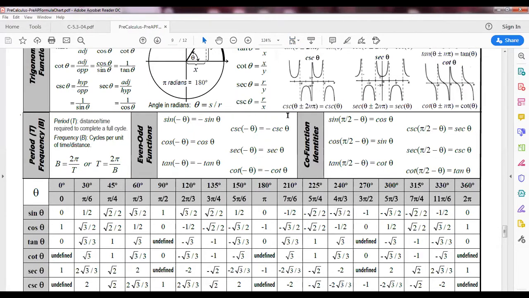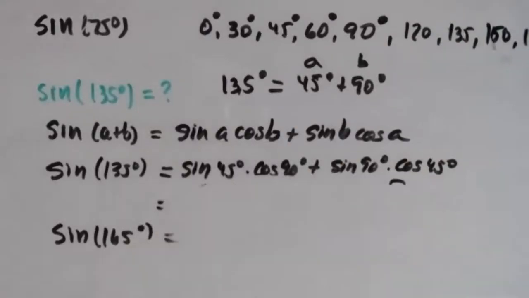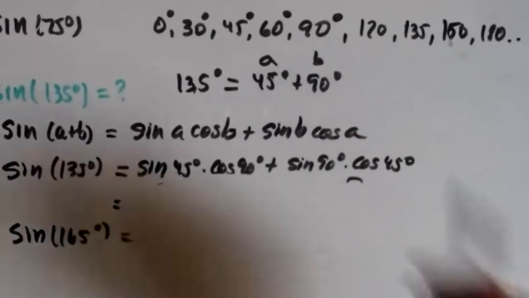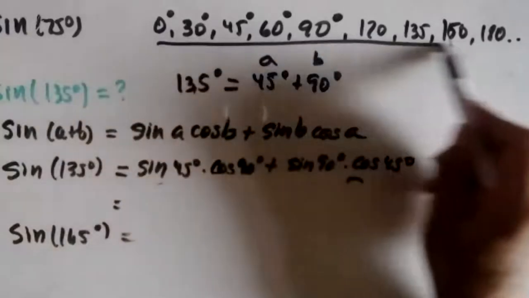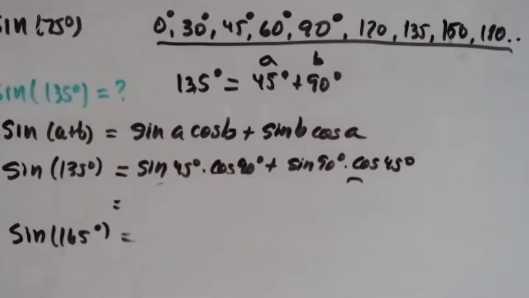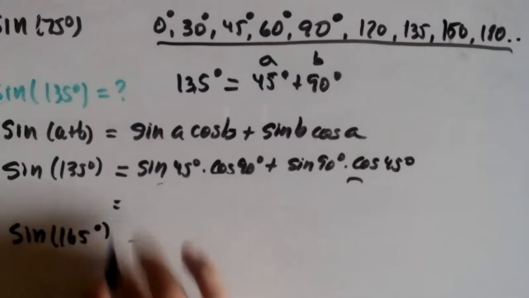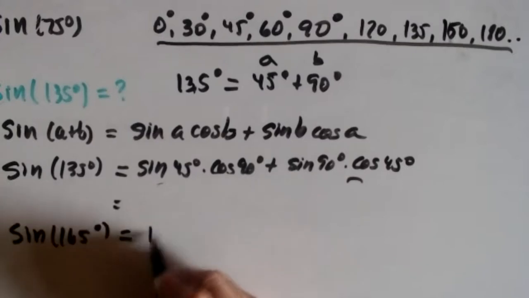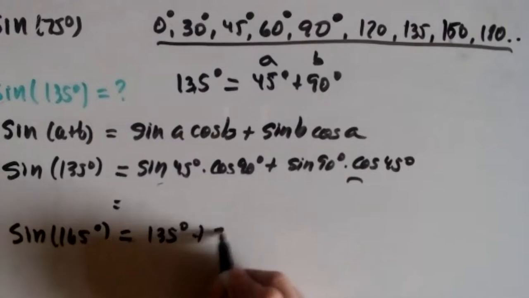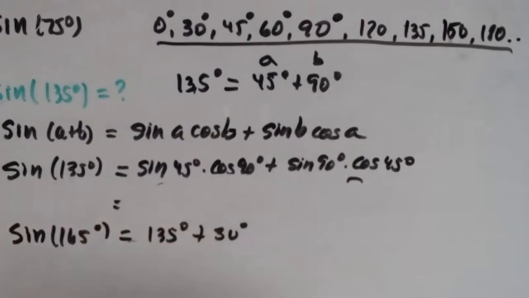Using these values, this one right here, how can you get 165? 135 and 30? Yeah, you can use that. So this is 135 plus 30. That's correct.